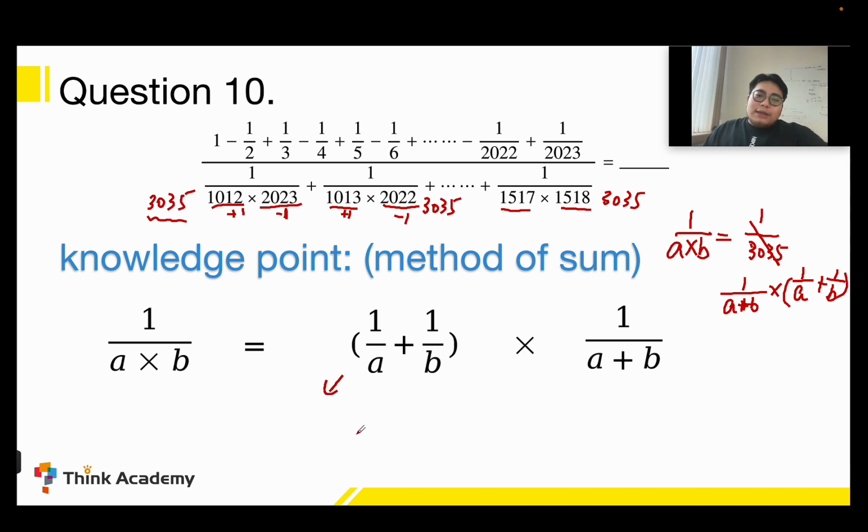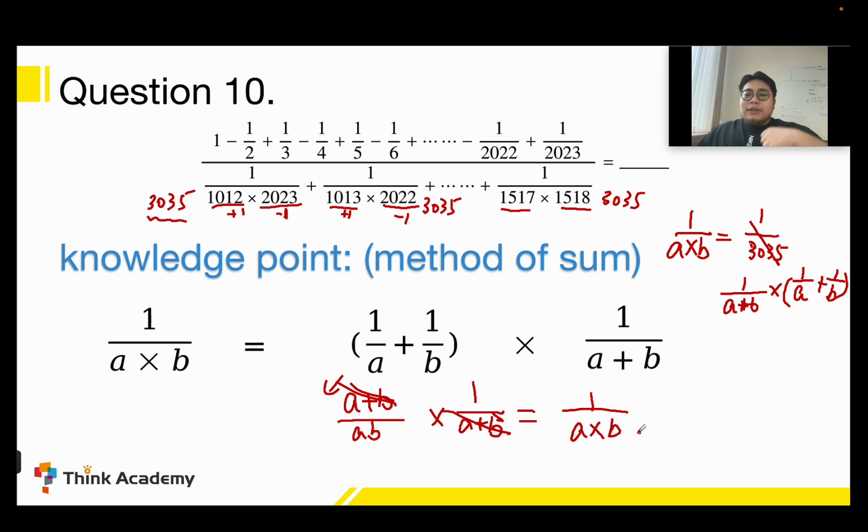This is a plus b over a times b, times 1 over a plus b, and this cancels, giving 1 over a times b. So all the a times b terms on the denominator, we can rewrite to this form.